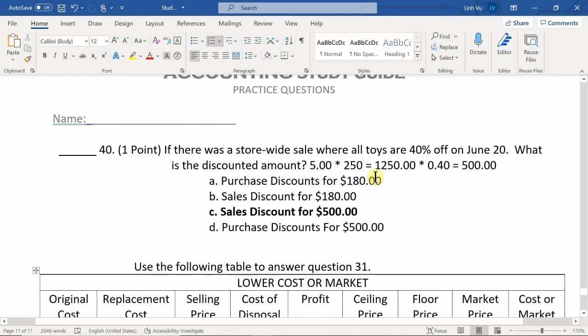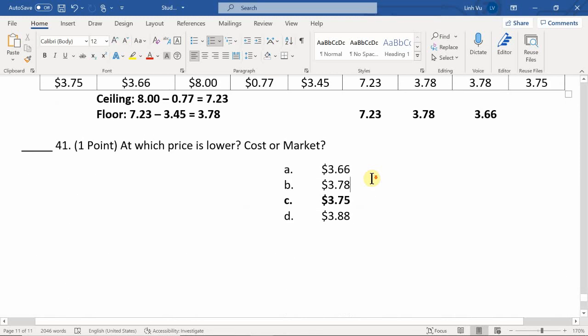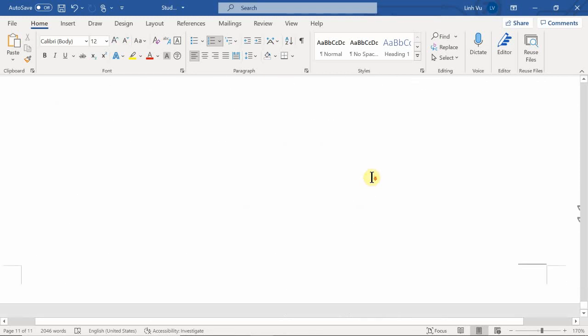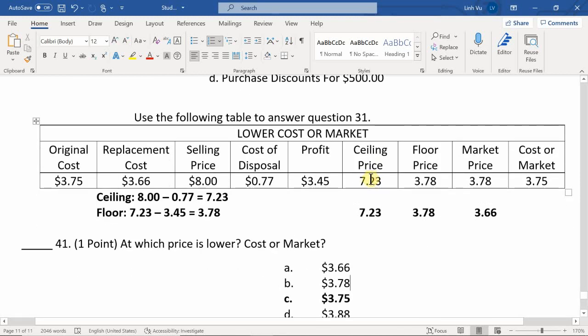And I guess that's it for the chapter 5 and 6 review. Any questions in regards to this study guide? No? Okay. So like I said, you guys do very well with chapter 5 and the whole periodic inventory.